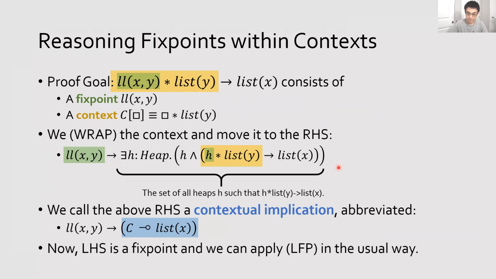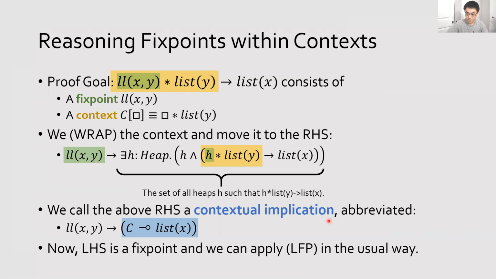LL of XY implies this pattern. Intuitively, this new pattern is the set of all heaps H that satisfy the property H star list of Y implies list of X. In other words, it is a set of heaps that satisfy the original right-hand side list of X if they are plugged into the context. We call this right-hand side a contextual implication.